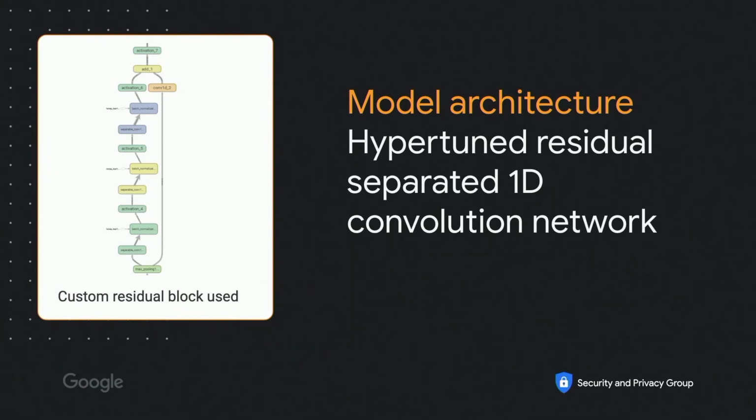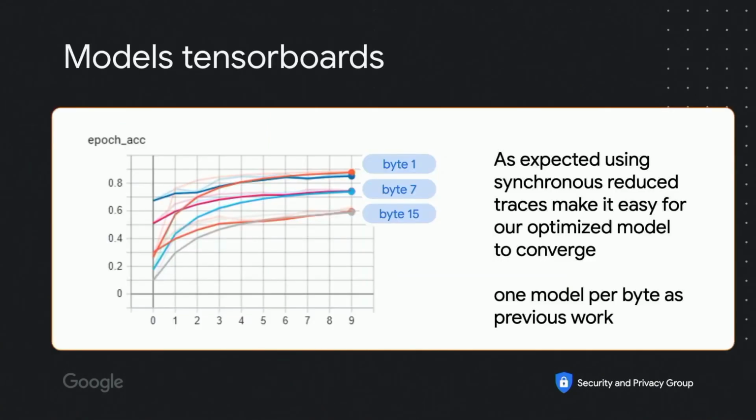So again, it's fairly standard if you do machine learning. It's just adapted to work well for 1D traces, and you can construct your block differently. It seems that this block is the one which works best for us, and we stack a lot of them like pancakes, which is why it's called deep learning.